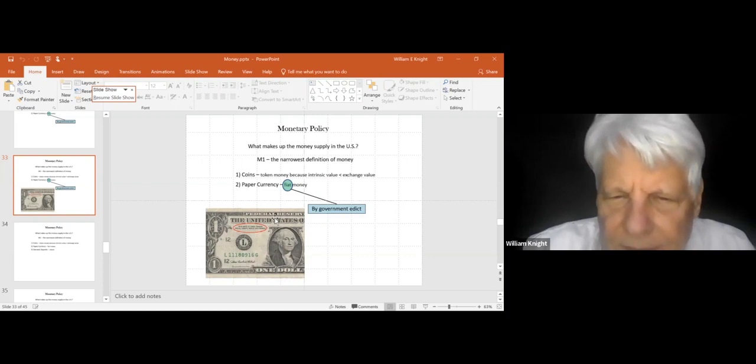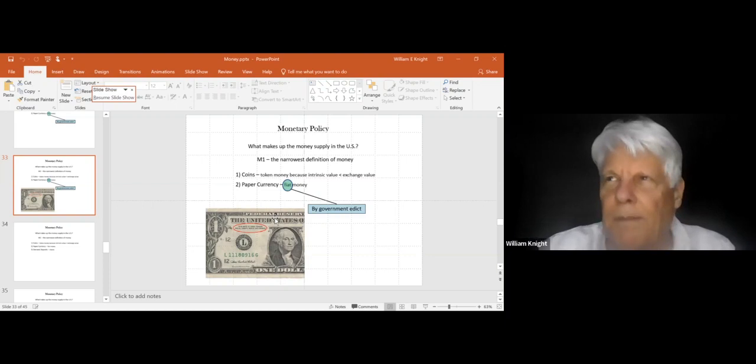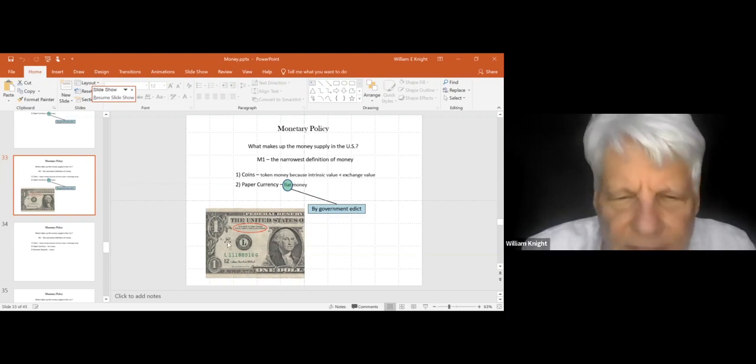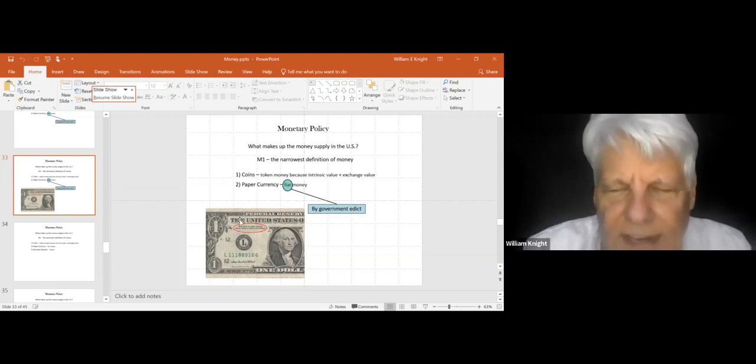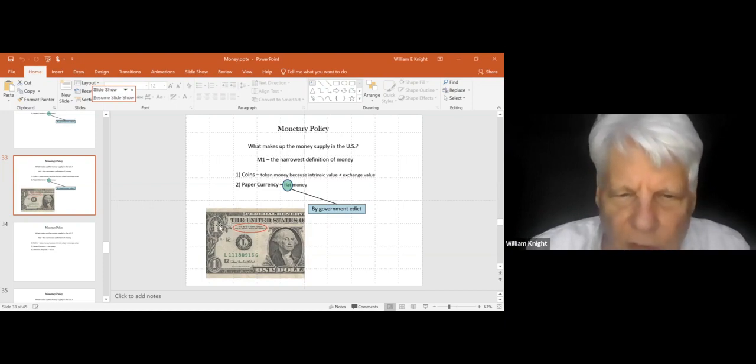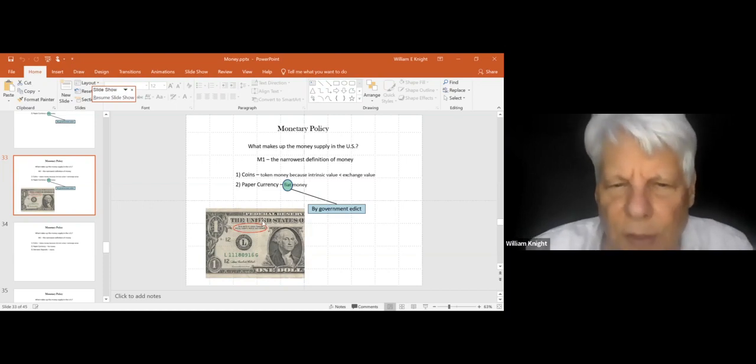You'd have to have a mountain of dollars to have enough cotton and linen to trade for anything of value. This has virtually no intrinsic value at all, but it's got a dollar's worth of exchange value. And if this had a bunch of other zeros following behind it, it would have much more exchange value, but still no intrinsic value.